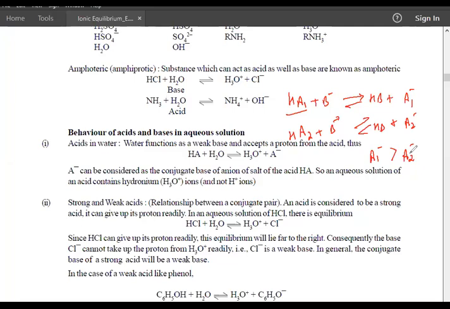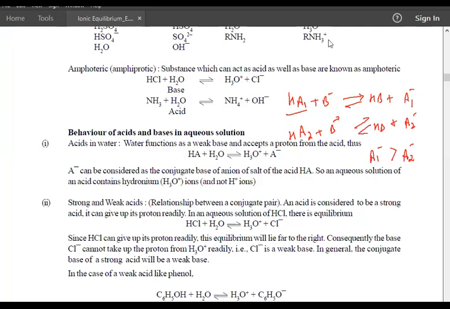See this, suppose A1 minus is more stable than A2 minus. So which acid will have more tendency to give H plus? Obviously, the one with the more stable conjugate base. Got it? Yes, very good.